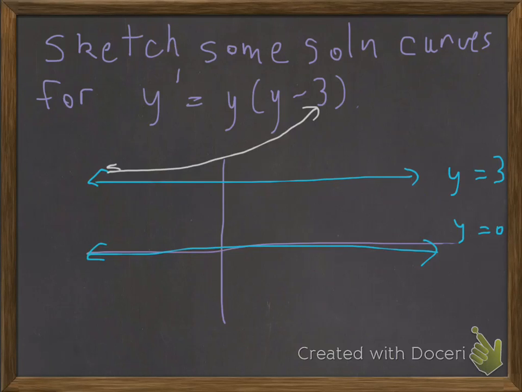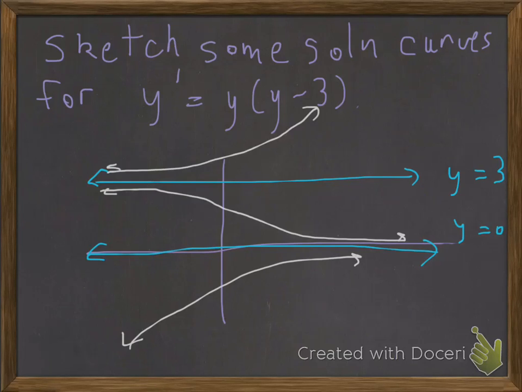So I get a solution curve that looks something like that, increasing as I move from left to right. If I had a y value between 0 and 3, that meant that my function was decreasing. So I have something that looks like this. And if y was less than 0, then I was increasing, and I have something that looks like this.